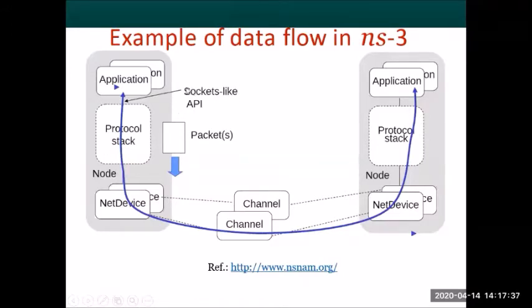What exactly is a socket? I'll let you know as we proceed. And next, after the protocol stack, we'll have the network interface card, which we commonly call a net device. In NS3, we'll name our network interface card, or the NIC card, as net device. So you can see this whole thing, the darkened thing, is a node.